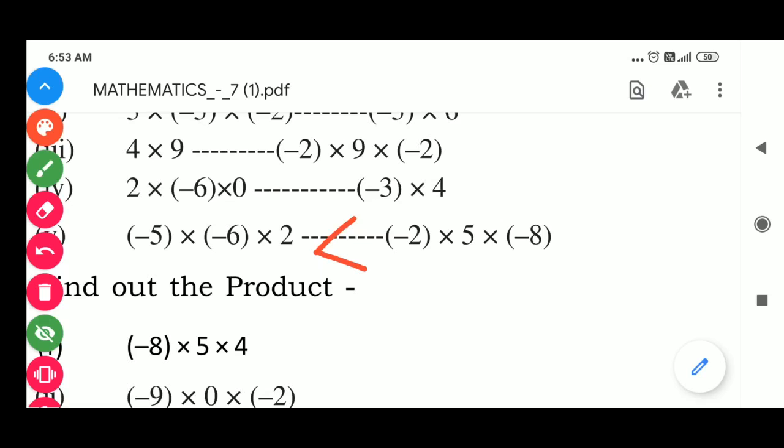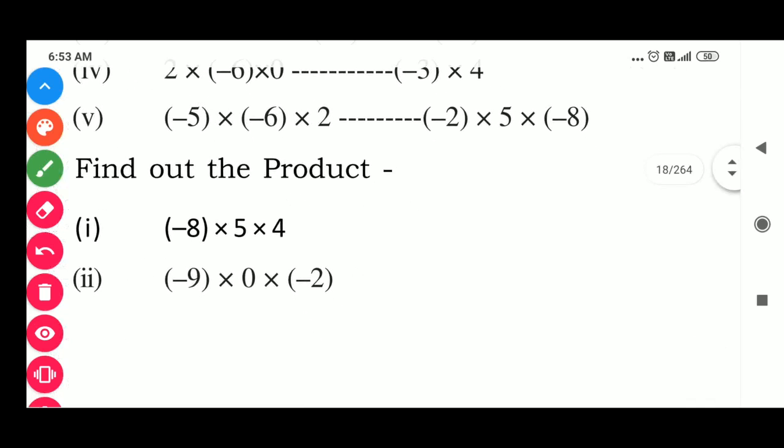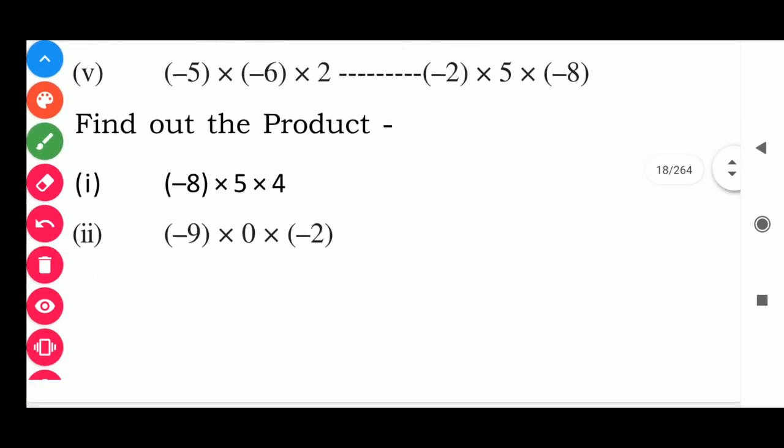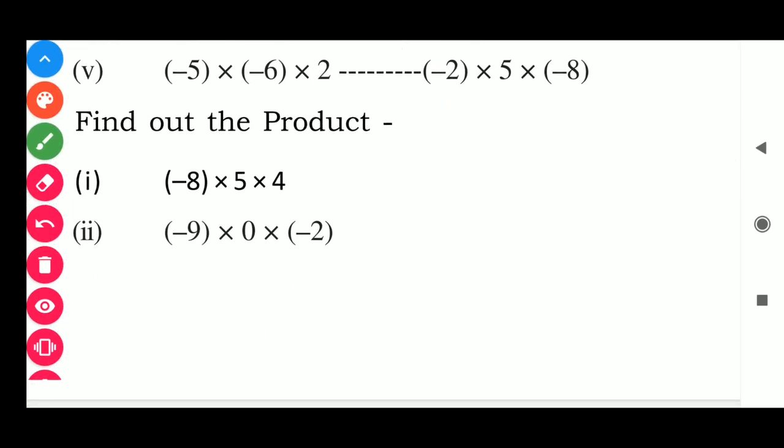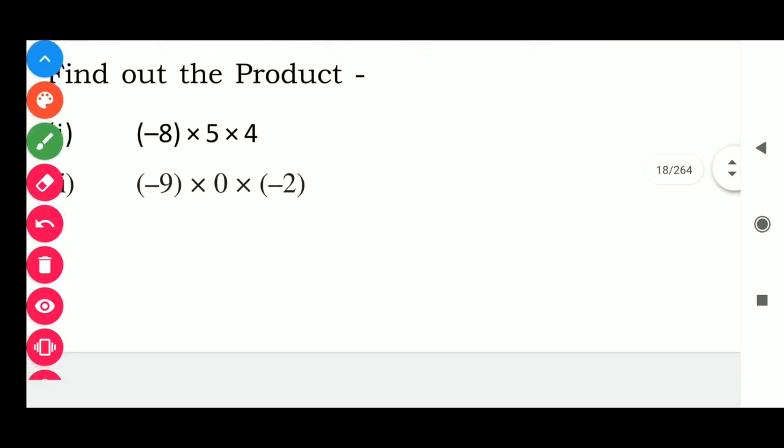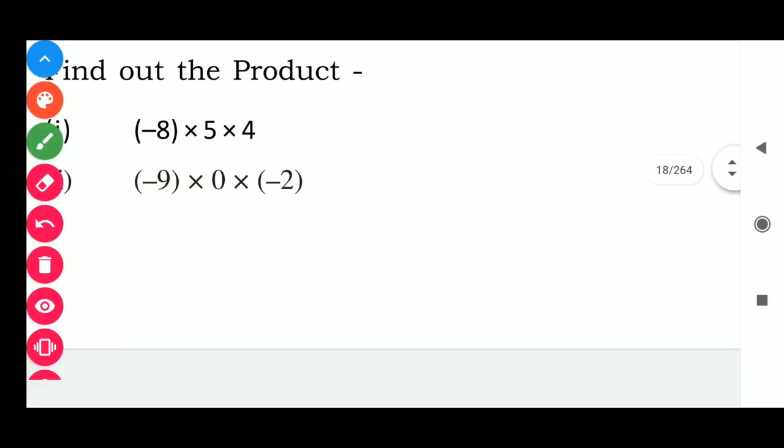Now come to the second question. Find out the product. How can we find the product? Find out the product. First, 4 and 5.